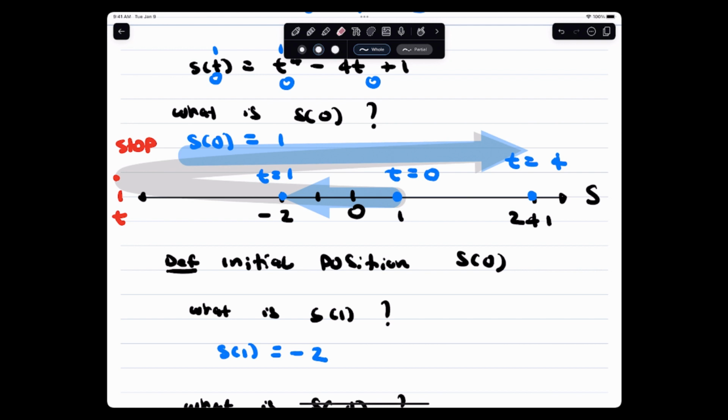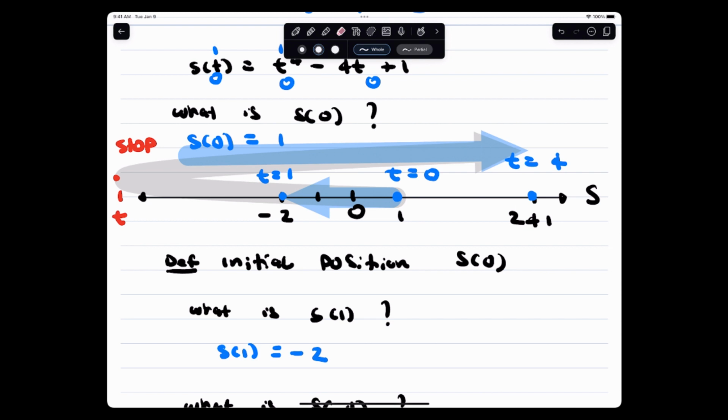Obviously, it moved to the left and then stopped, because the only way you can go back in another direction is if you stop. Remember, this is instantaneous. This is at an instant, at a time value. You stop, and you had to turn back around. Now, you might stop and turn around again. This particle could have stopped in multiple places. We don't know.